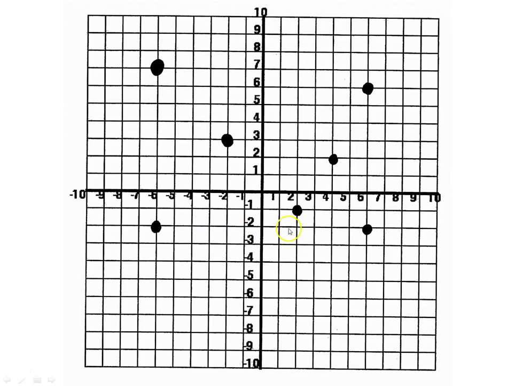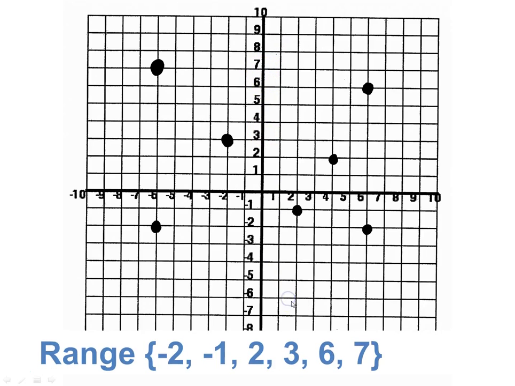So I think we have a range of negative, see there's 2 points at -2, -1, 2, 3, 6, and 7. There are points at all those places: -2, -1, 2, 3, 6, and 7.